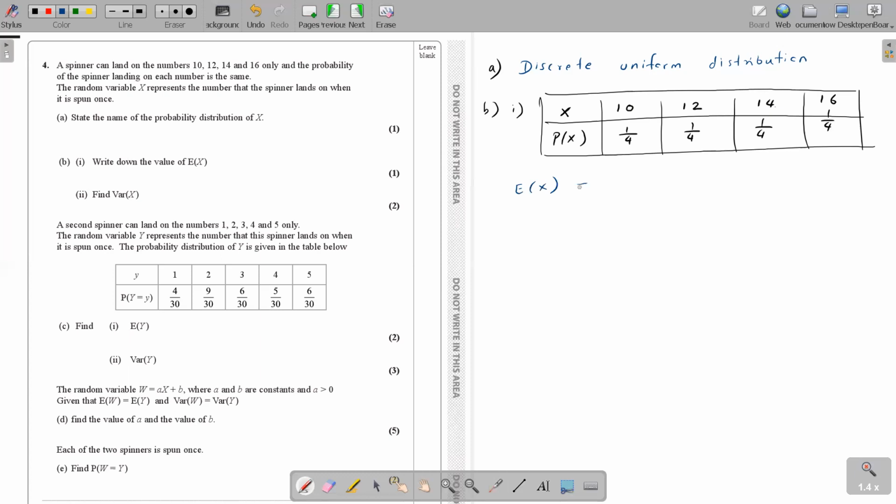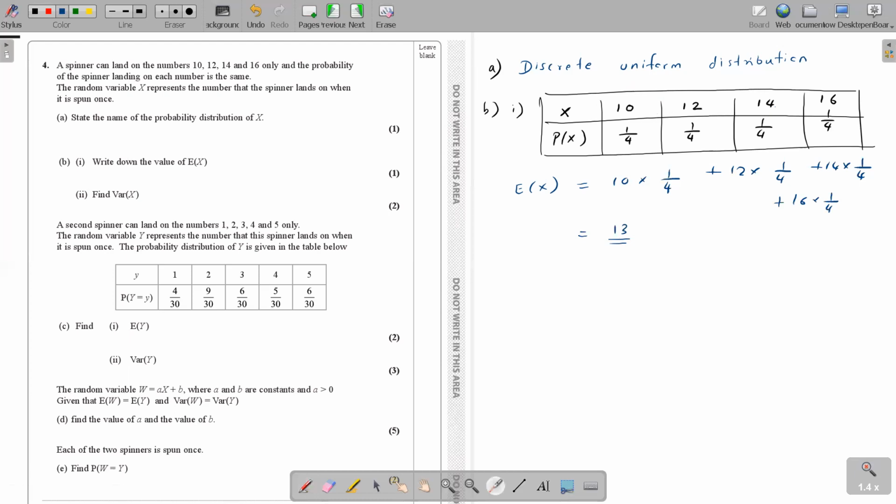Or else you can do it the way we normally do: 10 into 1 over 4, 12 into 1 over 4, 14 into 1 over 4, and so on. Or you can put 10 plus 12 plus 14 plus 16, into 1 over 4.